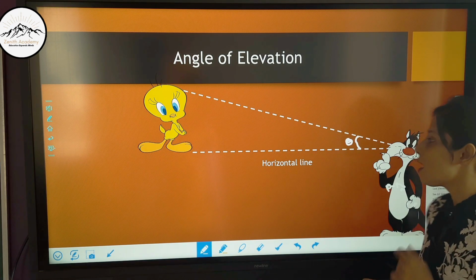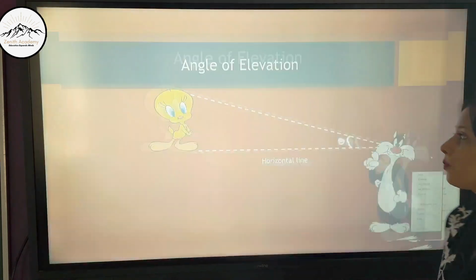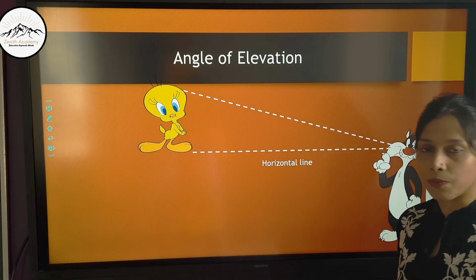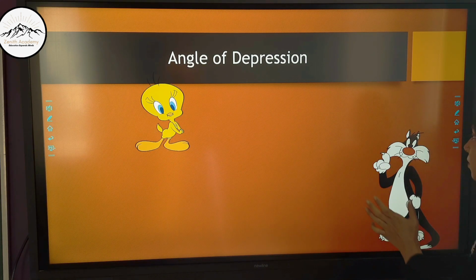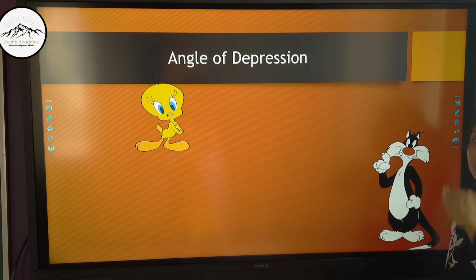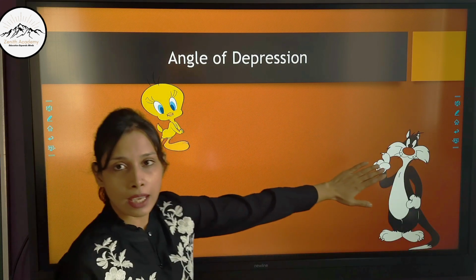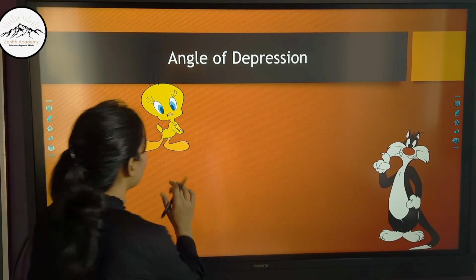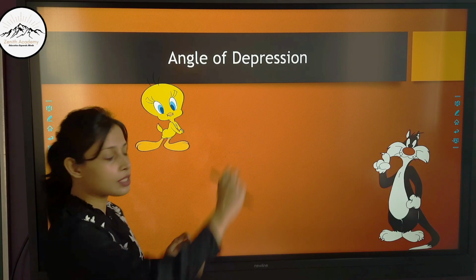Similarly, just as we have angle of elevation, we have angle of depression. Now what is that? In previous, the cat was seeing its prey, so it was tilting upwards. Now, if the bird is looking at the cat, first we need the horizontal line, so that straight line of sight.